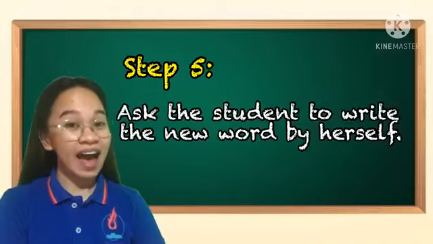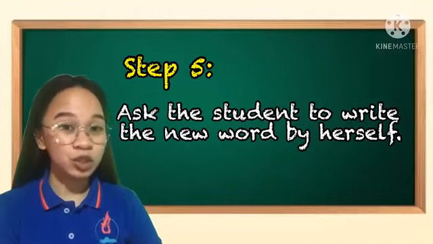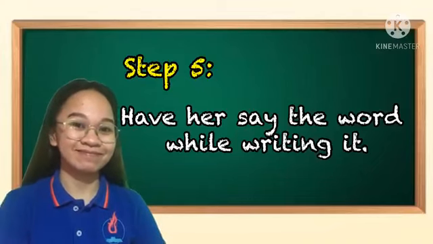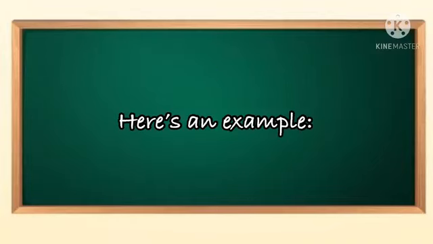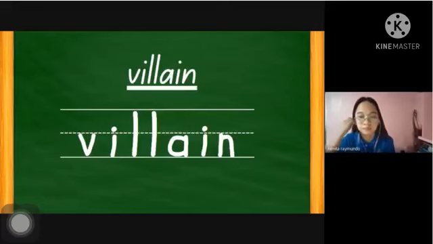Number 5. Ask the learner to write the new word by herself. And to be sure, have her say the word while writing it. Okay? Do you have your pen and your notebook with you, Daphne? There you go. Very good. You're prepared.